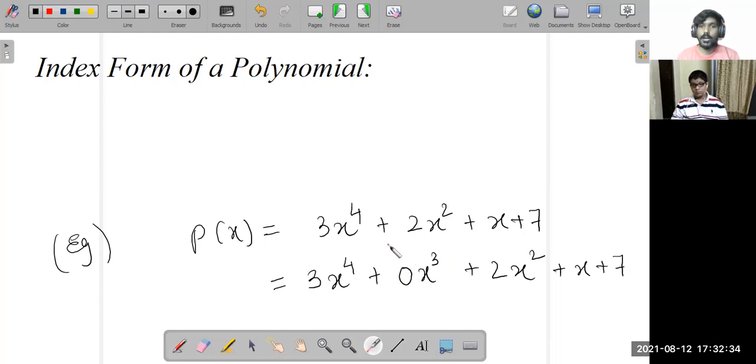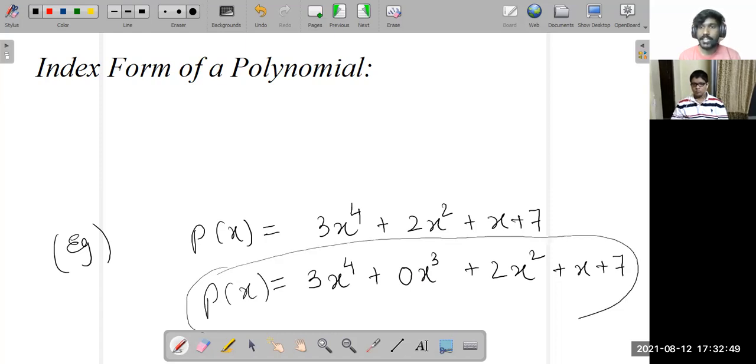So if you add any power term that is missing, then the new polynomial so formed will be called the index form of the polynomial. Clear? What is index form now?